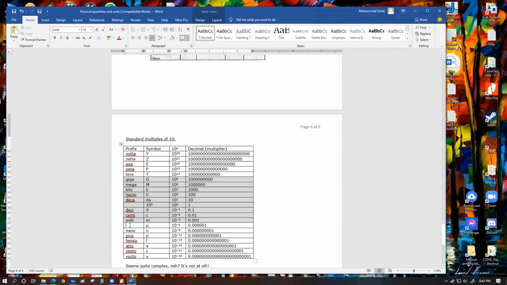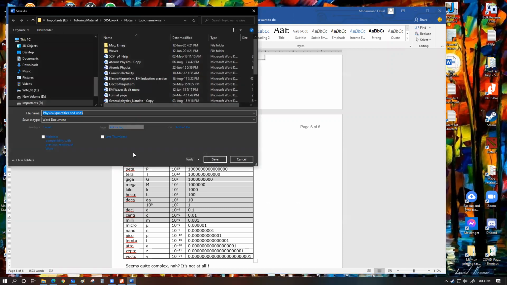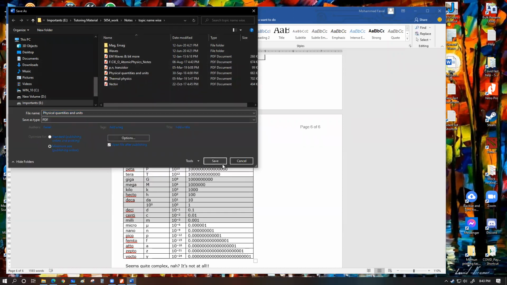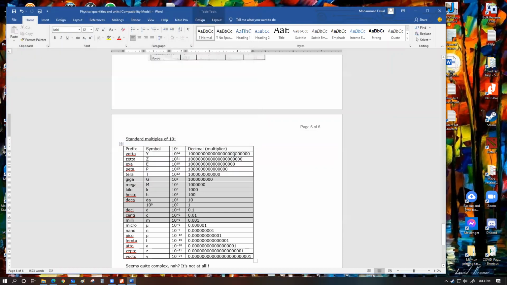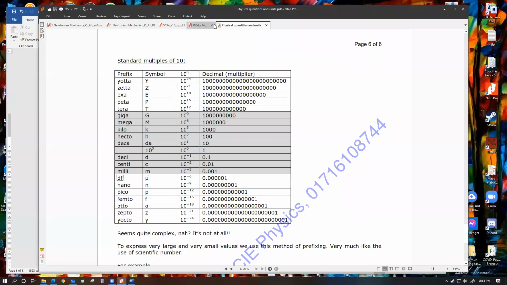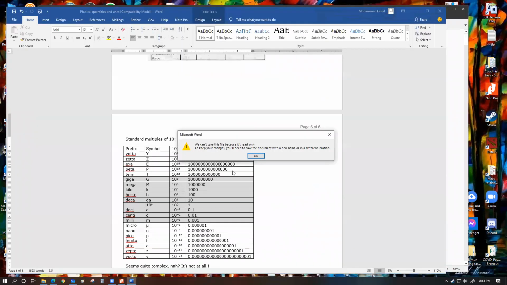This is supposed to read micro. Format painter. Save as PDF. Save. Overwrite. Can't overwrite. Close.